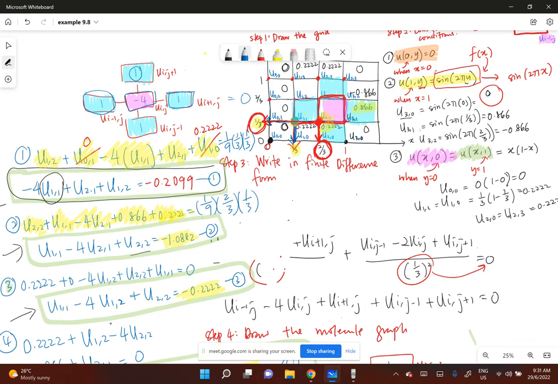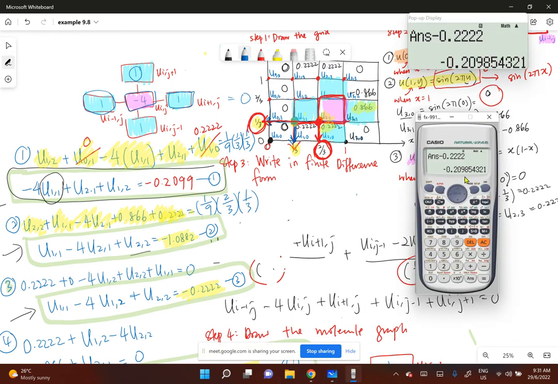Okay, can. Now it means 1 times 2 times 1, and the bottom is 9 times 3 times 3, so equal to 2 over 81.